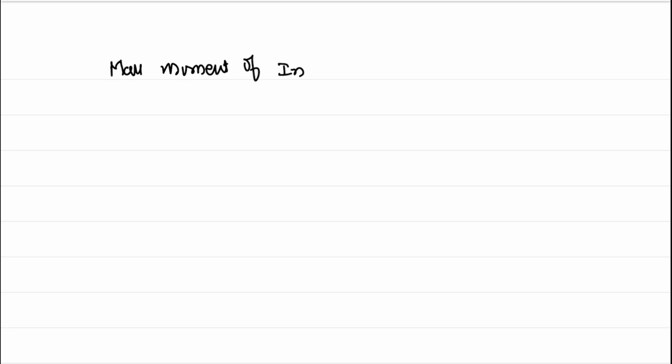Now we are talking about only mass moment of inertia. Mass moment of inertia is mr square, that is mass into distance square, that is equal to ML square T to the power of 0.